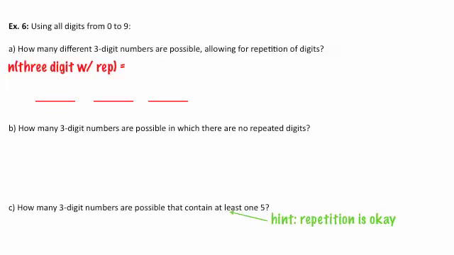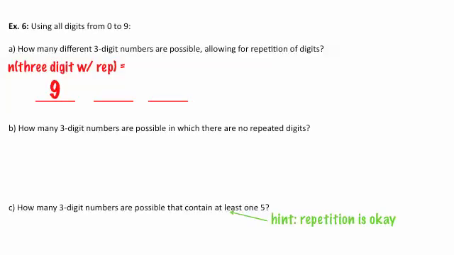This is going to constitute our digits. In the first spot, how many options do we have? We can use anywhere from 0 to 9, but in the first spot, how many options do we have? Well, if you're saying 9, you are on the right track.